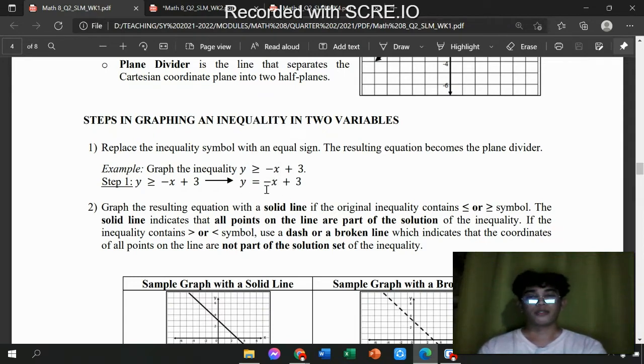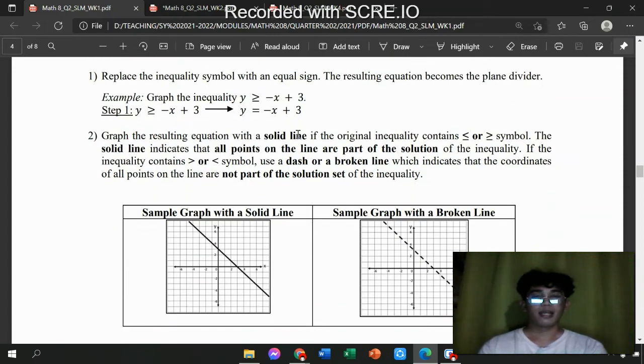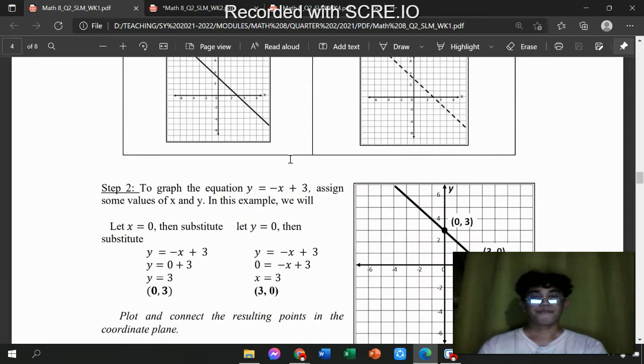Then atong dapat tandaan nga solid line if the original inequality contains ani nga symbol nga or equal to, meaning apil ang mga points nga nitungtong sa line sa part of the solution. Kung broken line, kung less than or greater than ang symbol, meaning dili apil ang mga points nga natunong ani nga line, dili siya apil sa solution.